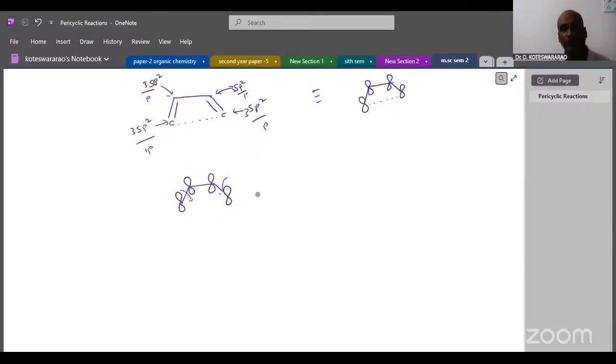At the transition state, these two orbitals come closer.